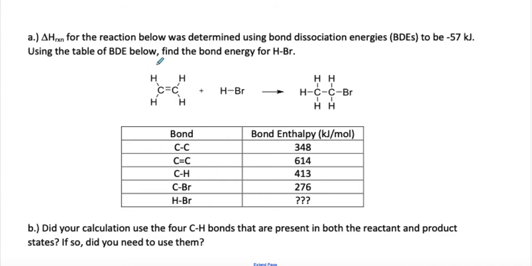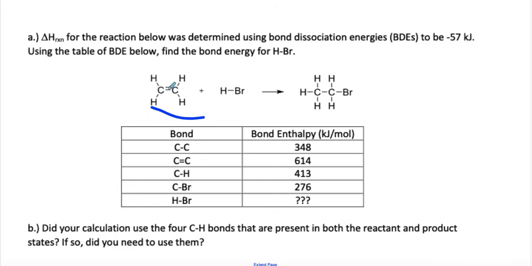If you have this chemical reaction where we have C2H4 plus HBr turns into C2H5Br, and it's given what the enthalpy of every bond is, you can calculate the total enthalpy by looking at the final enthalpy of all the bonds minus the initial enthalpy of all the bonds and calculate those.